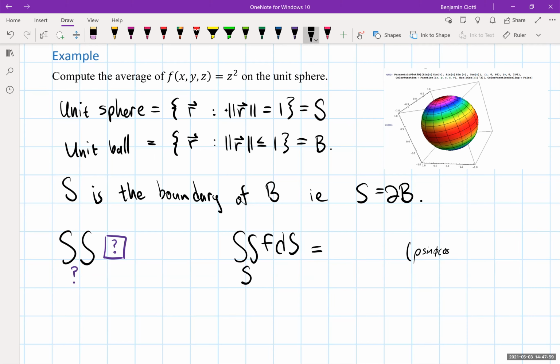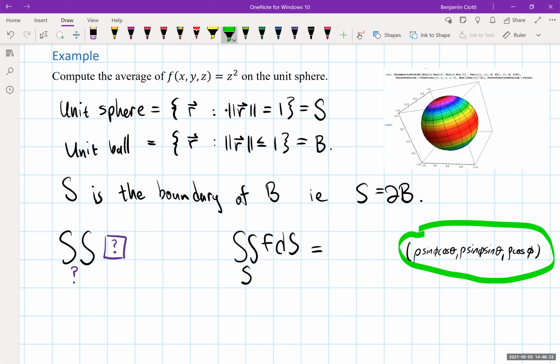I think it's rho sine phi cos theta, rho sine phi sine theta, rho cos phi are the usual spherical coordinates. Notice that there are 3 coordinates, rho, theta, and phi. On the sphere, however, you know what one of them is, and the other 2 are your free parameters.